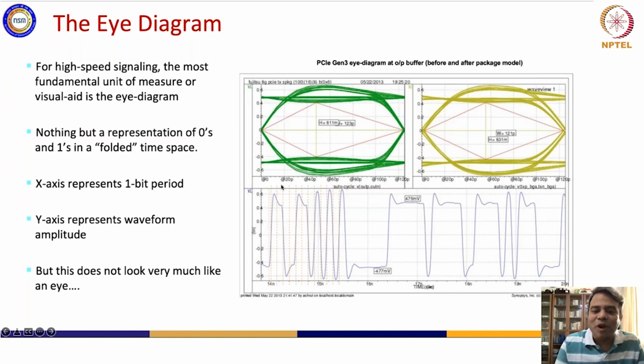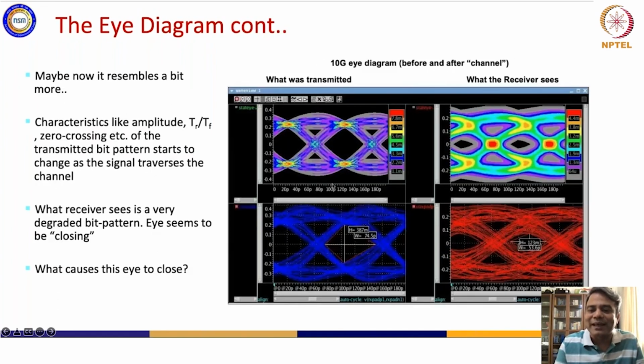So if you plot all the bits in that window and then overlap all the other bits, you will see something that looks like an eye, okay? The x-axis represents the period of your bit, and the y-axis represents the amplitude of your bit. Now let me go here, this looks more like it, right? This looks like an eye. This is nothing but the bits that are actually traveling through your interconnect channel.